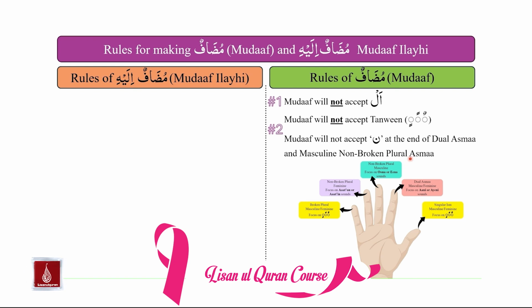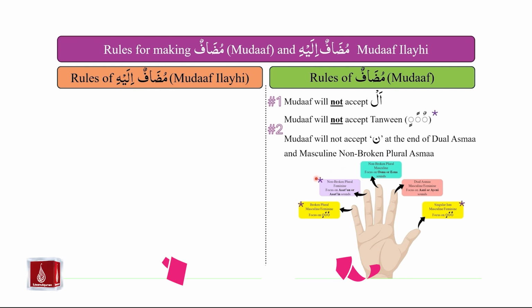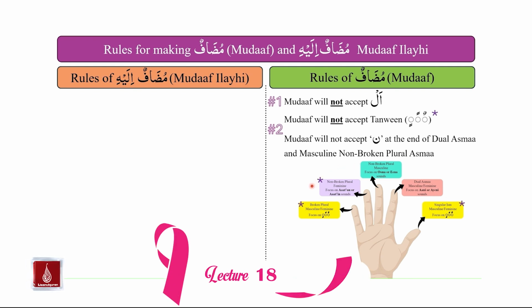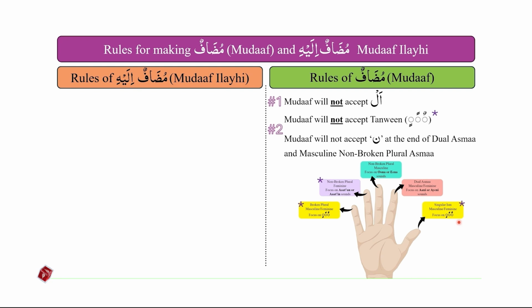Asma that will have tanween on them are singular asma, feminine non-broken plural asma, and broken plural asma. These will be identified by the presence of double pesh, double zabar, double zair at the end of the ism. In the case of feminine non-broken plural, we will have the atun or atin ending sounds.